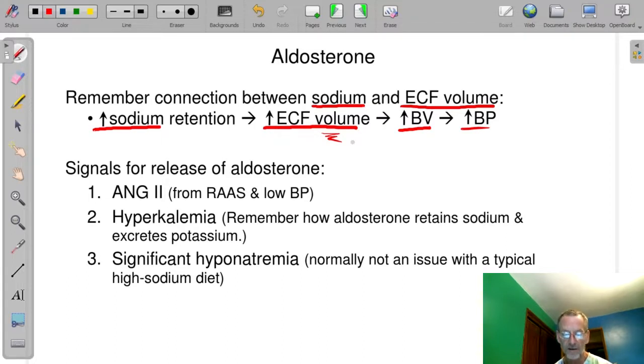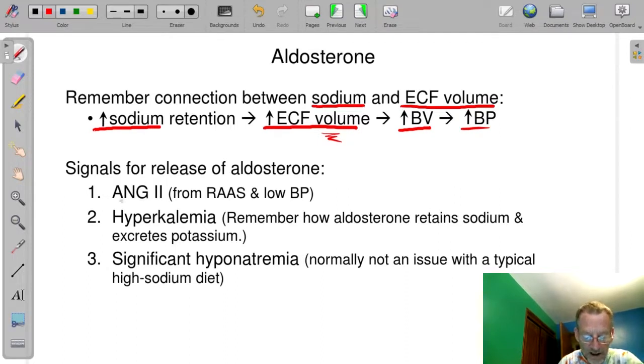Okay, so that's the basic relationship between sodium and the ECF volume. And aldosterone will cause increased reabsorption of sodium, and we get the rest of those effects listed. So what are the signals for the release of aldosterone? Well, there are two major ones.